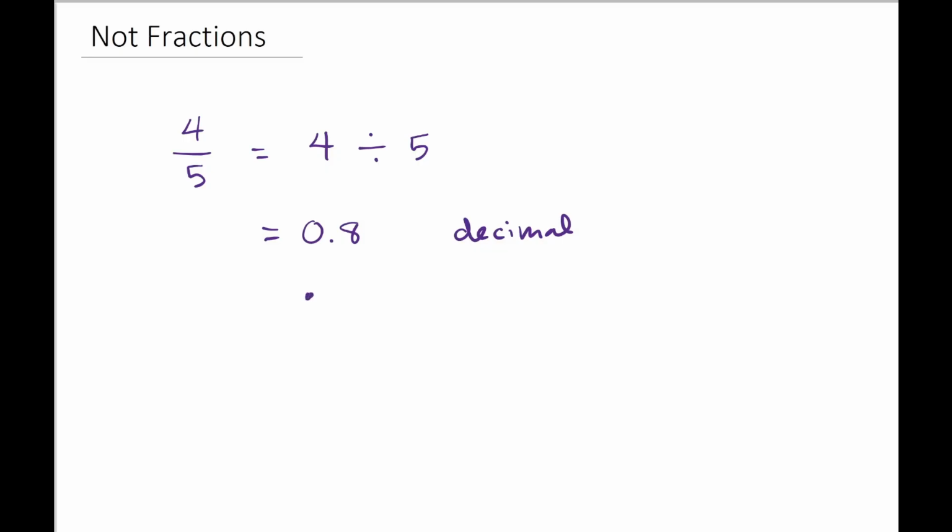So you can times that by 100%. 100% is just 1, so that's not changing the value. And now we have 80%. These are still equivalent to our original fraction of 4/5, but now we have them turned into decimals and percents. So if either of those are more comfortable for you, you're allowed to do them. I want you to feel comfortable with fractions.